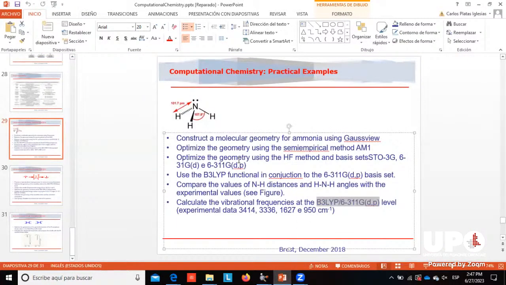107.8. Wonderful, right? Okay, so this was a little bit to understand that we have to be careful with both the method and the basis set, right? The two things are important. So using a more sophisticated method but a small basis set may deliver worse results than a simpler method with a better basis set, right?